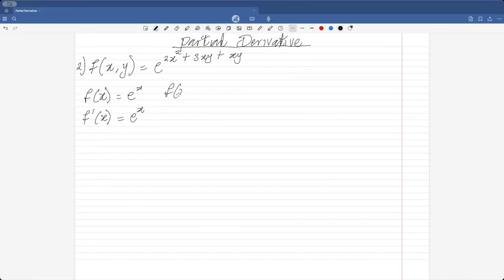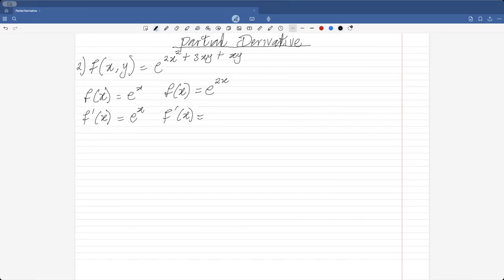If we have f(x) equals e to the power of 2x, in this case, f prime x becomes the derivative of the inside function multiplied by the derivative of the outside function.